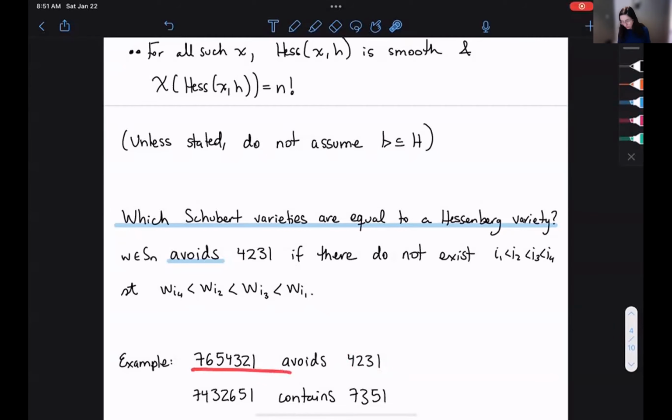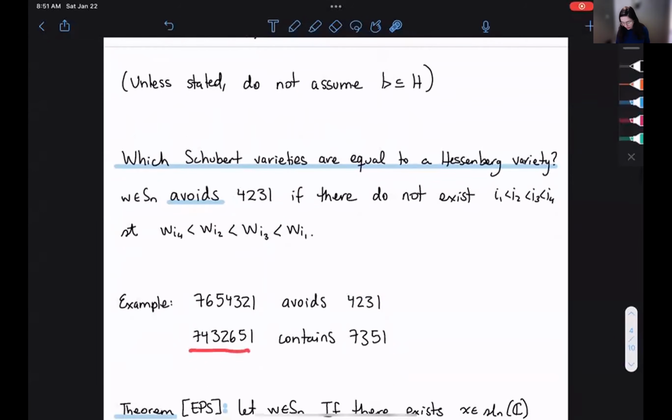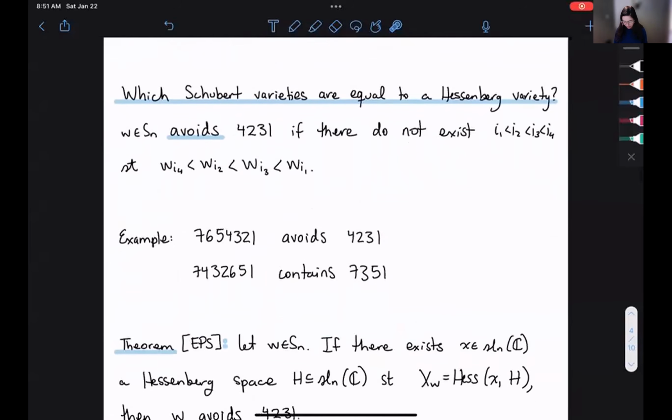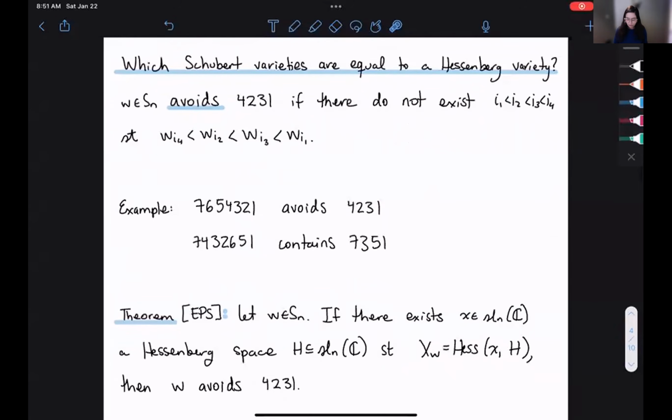So this permutation avoids 4, 2, 3, 1. Whereas this one does not avoid it because it contains this subsequence 7, 3, 5, 1, and this has the same relative order as 4, 2, 3, 1. Of course, I'm just doing it in this case because of the theorem, but you can define pattern avoidance for any permutation.